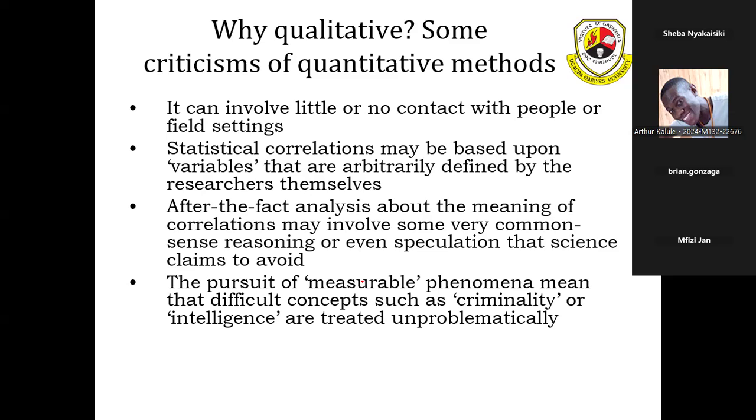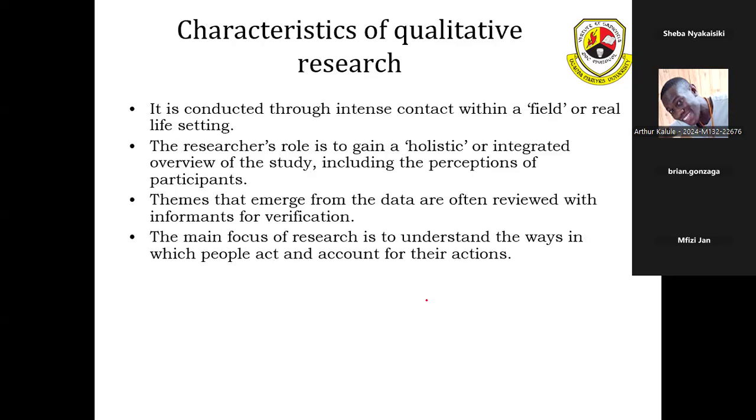philosophical viewpoints. Whereas quantitative research is looking at something measurable, qualitative research is looking for a holistic picture, a realistic picture. So qualitative research is conducted in a real life field.